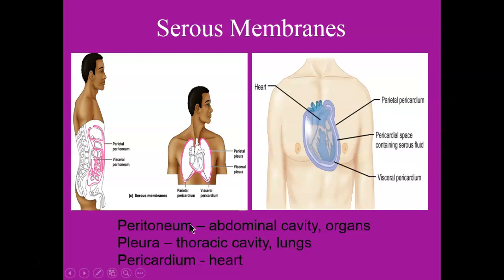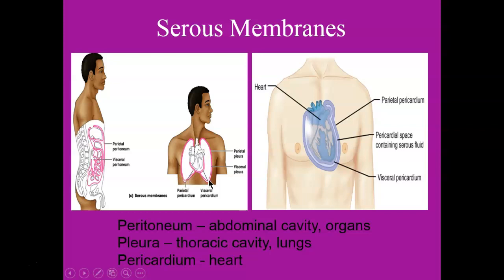Okay, now you also have within the thoracic cavity serous membranes that line the lungs, and we give them the specific name of pleura. So the pleural membranes line the lungs and the thoracic cavity, known as the pleural cavity.